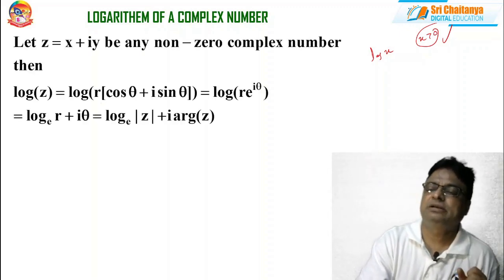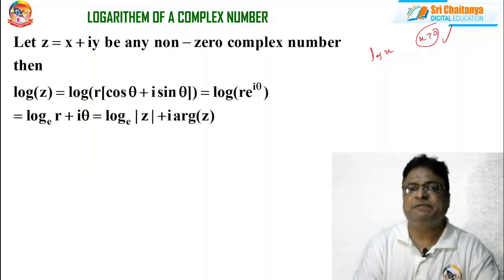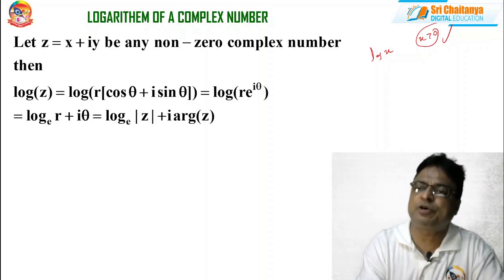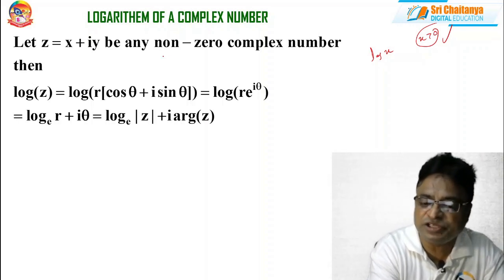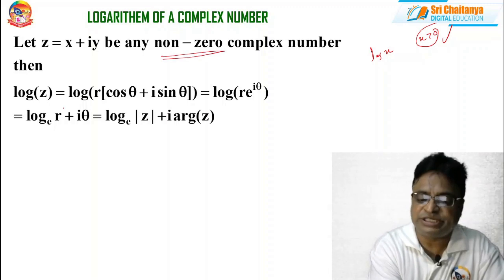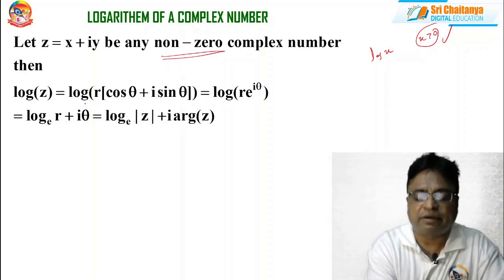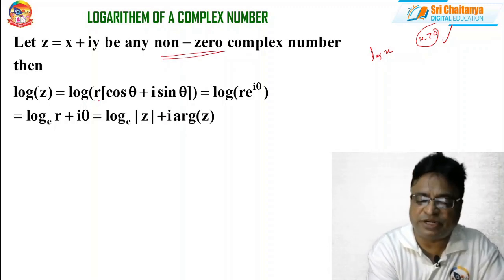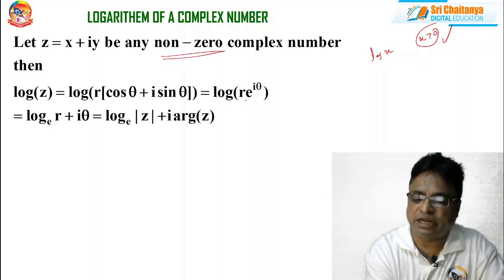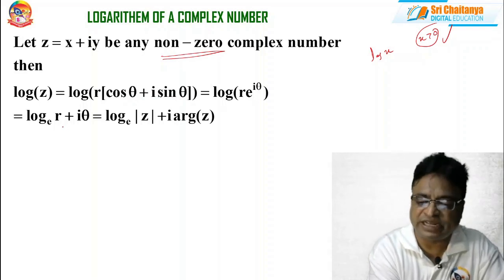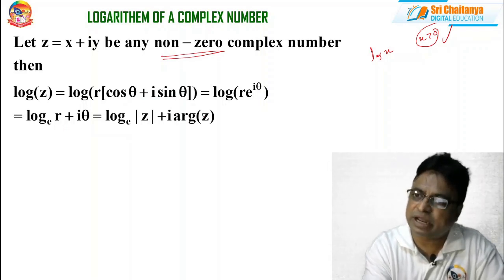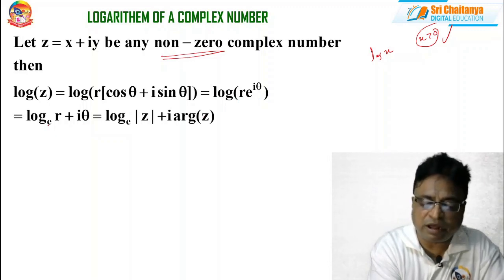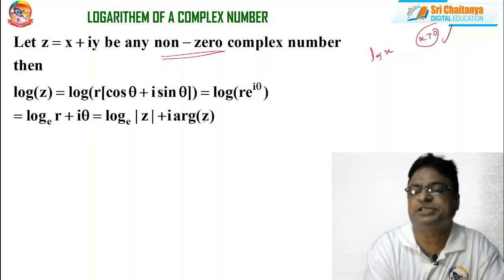Here I am giving the definition. If z is equal to x plus iy, any non-zero complex number, then log z is the log of x plus iy. I can write that in polar form, r into cos theta plus i sin theta, as r e power i theta. Then, since log of xy is log x plus log y, it can be written as log r plus i theta, where theta is the argument of z.